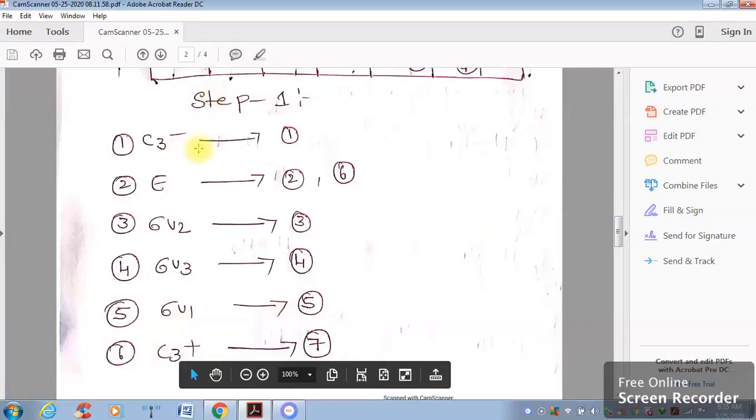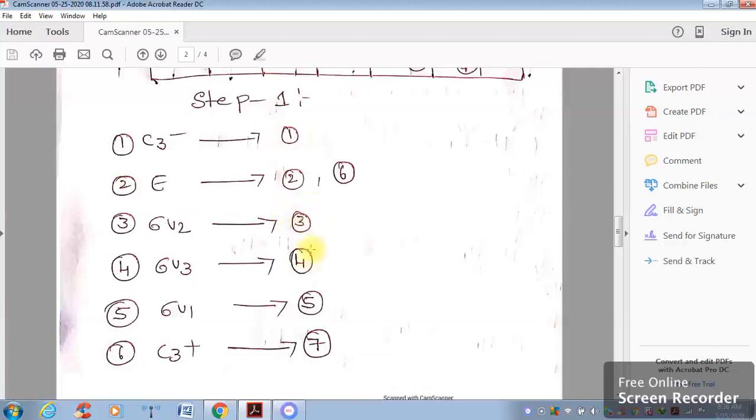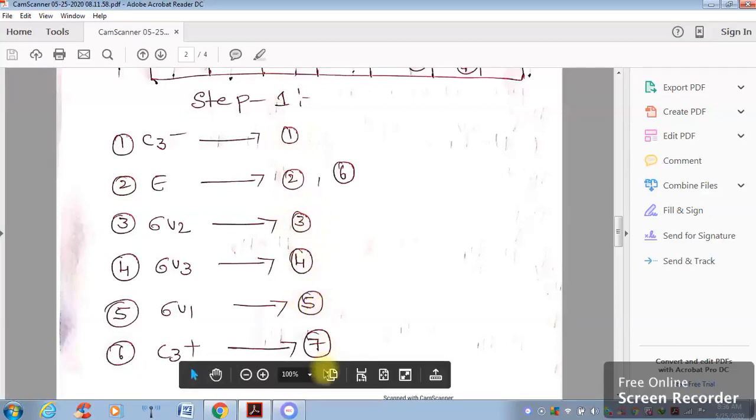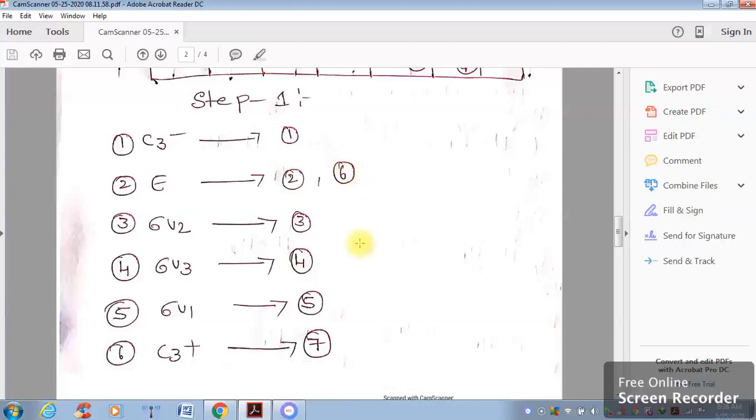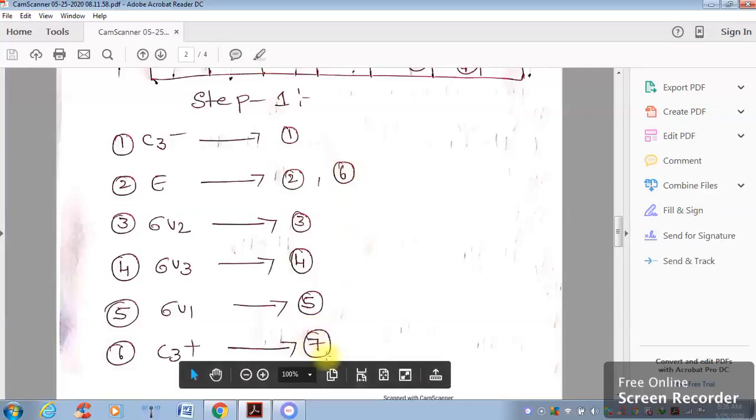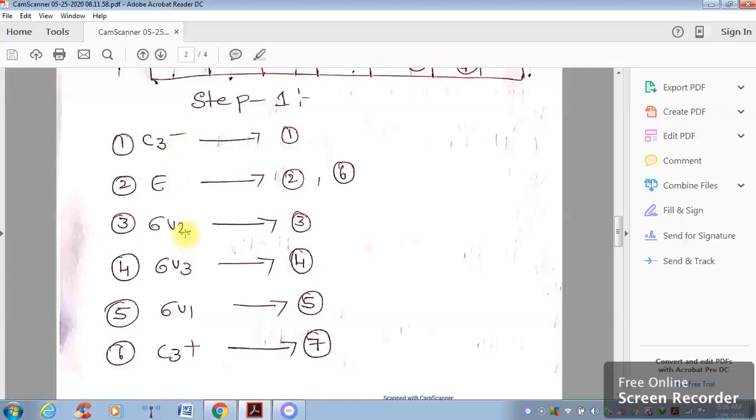In this order you write boxes number 1, 2, 3, 4, 5. Don't write 6 here because in 6 E is present. Therefore, write 6 here. The next number is 7 here.